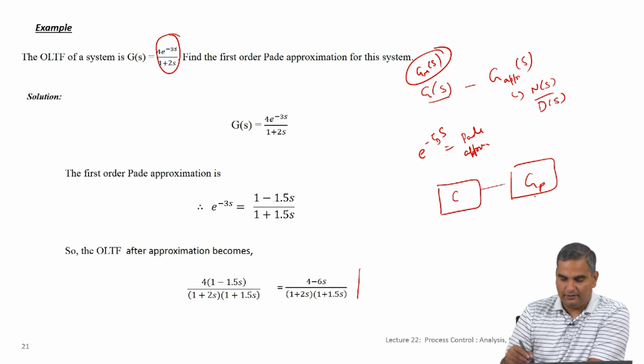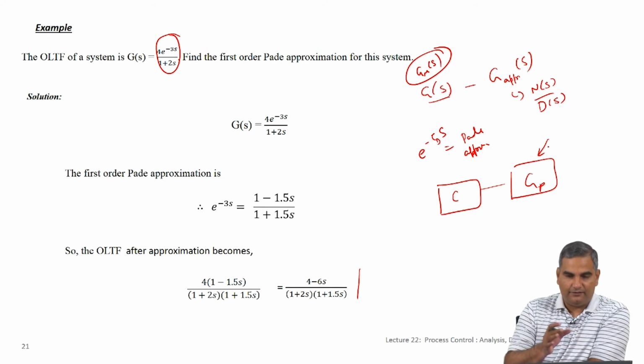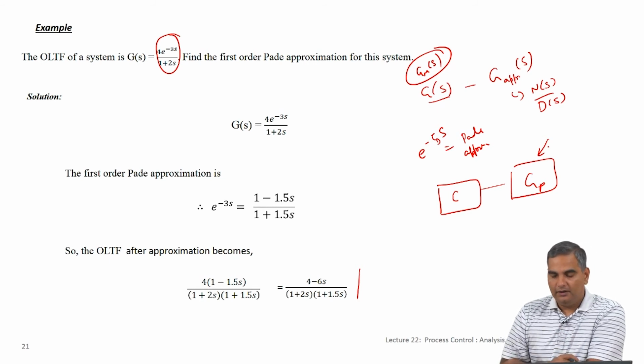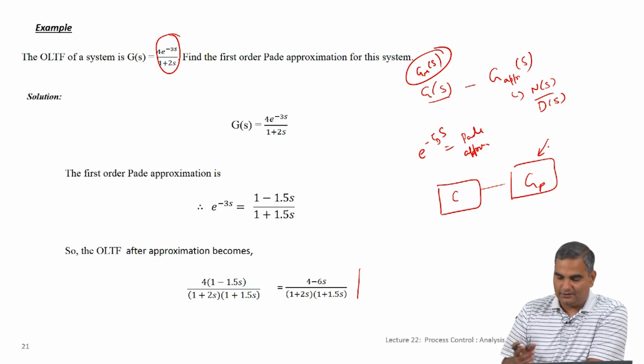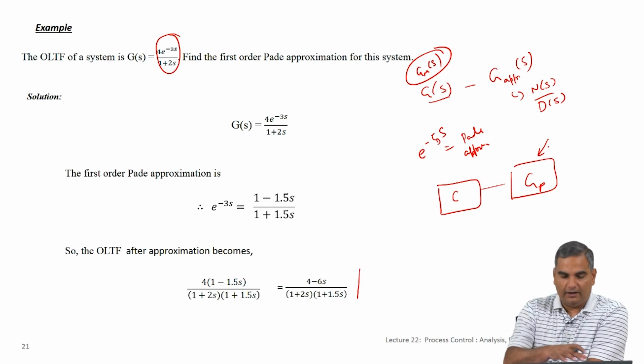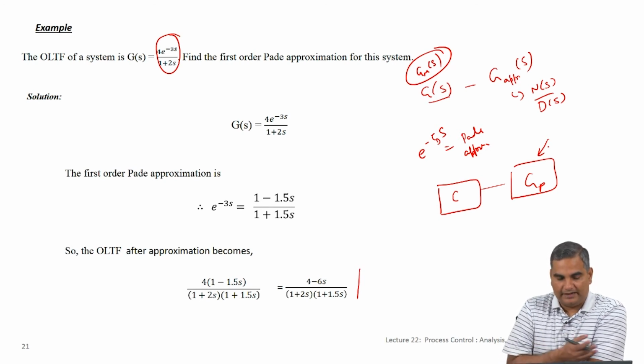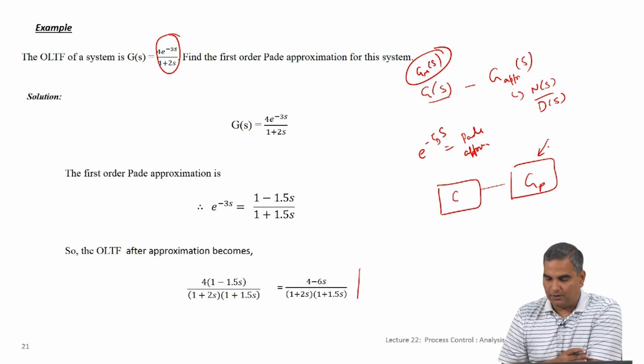Then you can actually do the analysis where if you say my process is slightly different from the model that I have used, how would my controller still perform is an analysis that you can easily do now by choosing different G process that could happen. So, that way you can actually study the robustness of your controller for time delay when the time delay that you actually have in the process is slightly different from whatever was used in the model and so on.